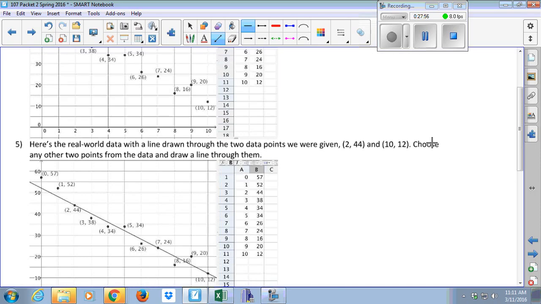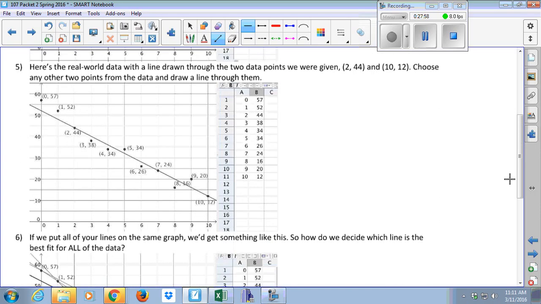All right, so here's the line we drew right here. The line we drew went through (2, 44) and (10, 12). That line has the equation y equals negative 4x plus 52. I want you right now, real quick, 10 seconds, to draw a line through that data you think would be better than that line. I'm not going to look, just go ahead, draw a straight line through it.